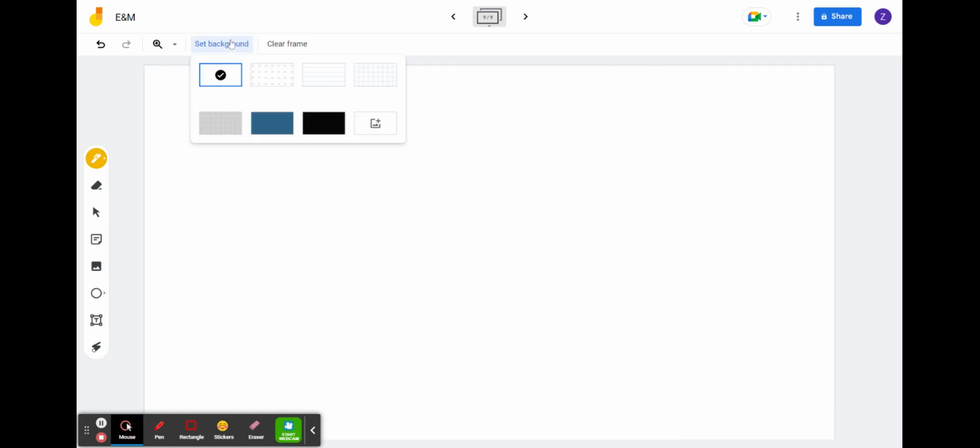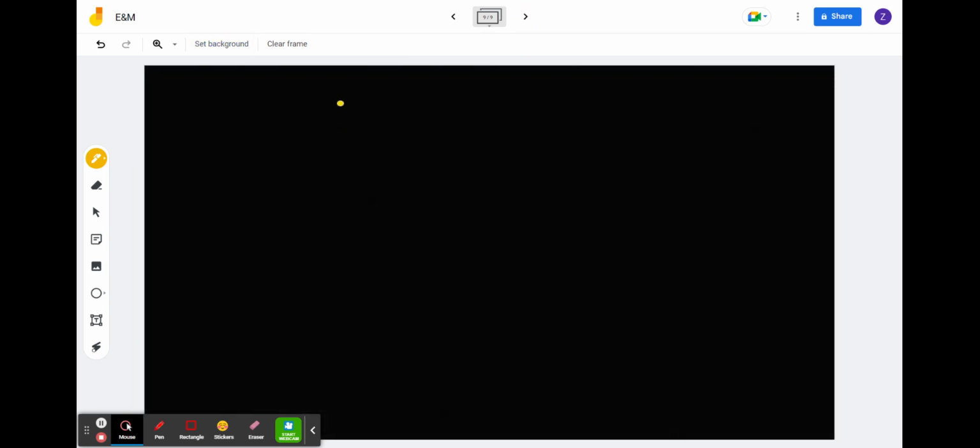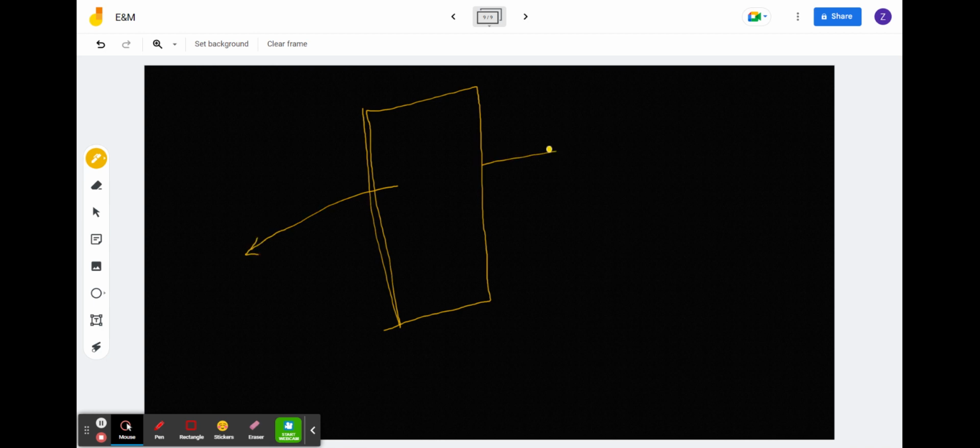Let's talk about another such shape. Let's say now that instead of an infinite line, I have an infinite plane. And I'm drawing these arrows to show that it goes on for infinity. And it's charged.